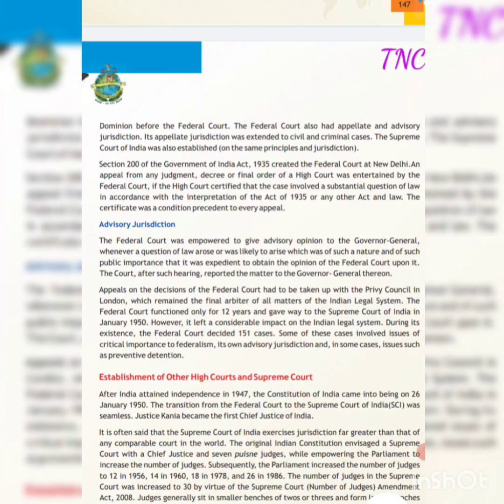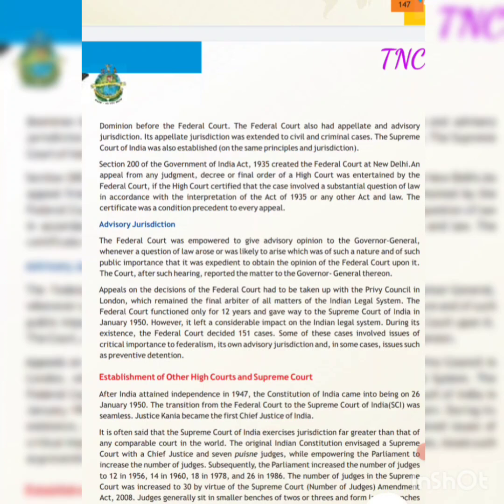And the federal court, as I told you, had various types of jurisdictions: original jurisdiction, and appellate jurisdiction, meaning the cases or suits or matters that come as an appeal to that higher level court from the lower courts. An advisory jurisdiction is when you are bound to give some sort of advice to government officers such as the PM or president.